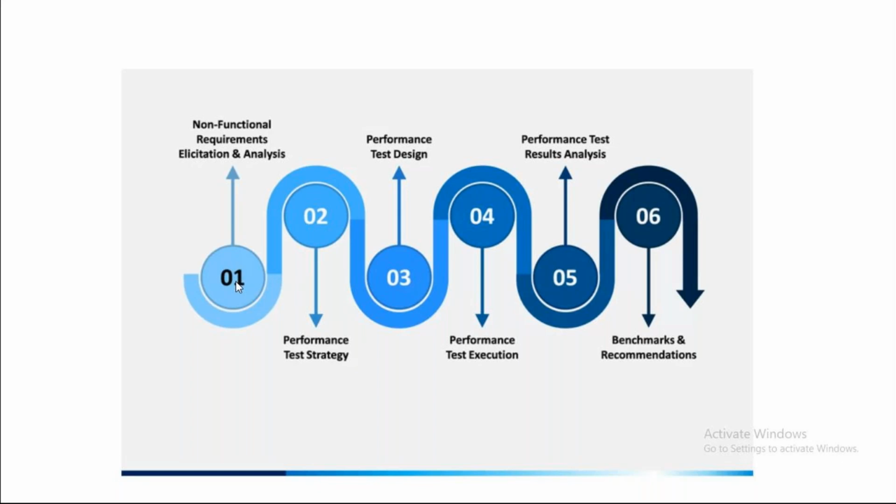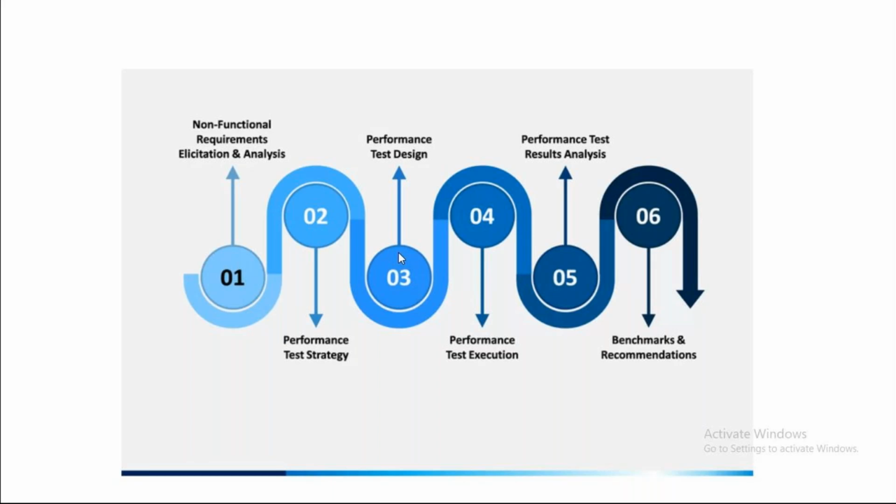And after that, the performance test strategy. It is a kind of document that we create using whatever input we collected during requirement gathering, and it describes our upcoming plan to complete the performance test activities. The third step is performance test design. Test design is nothing but scripting: recording of the script, enhancements or development of the script.